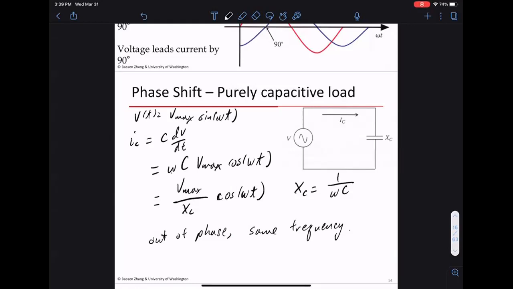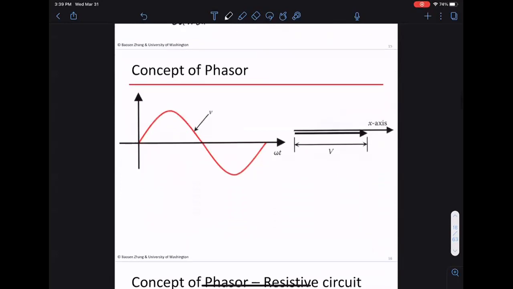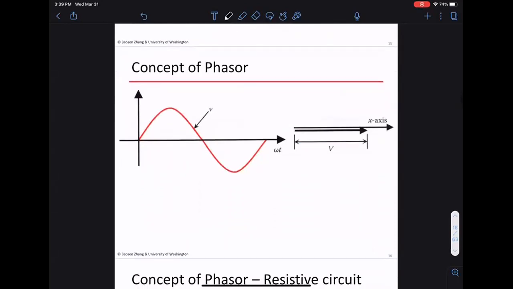Back to class. So if you look at the waveforms we've been carrying, the signals, everything was sine of V max omega t plus an offset phi.